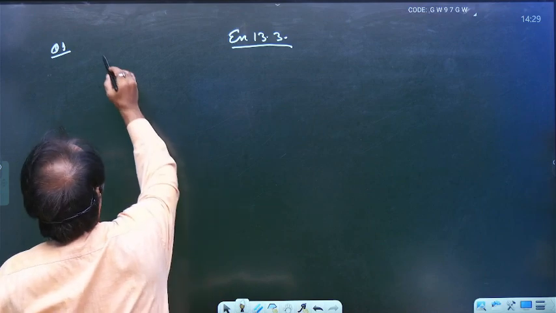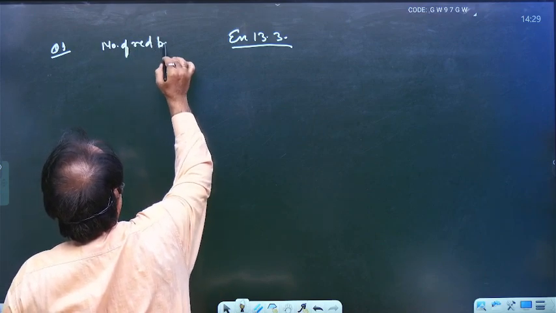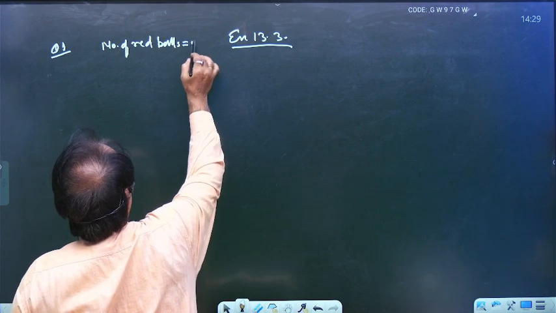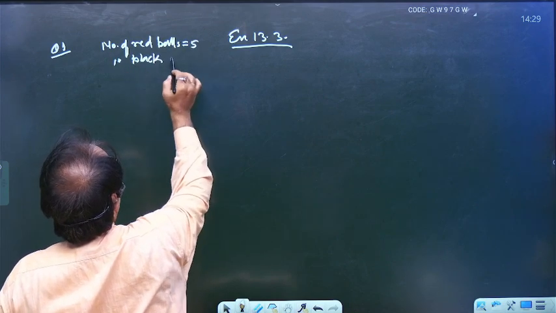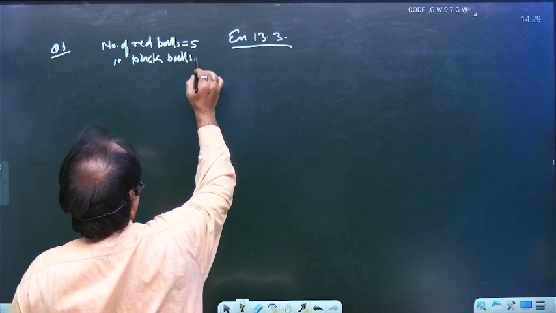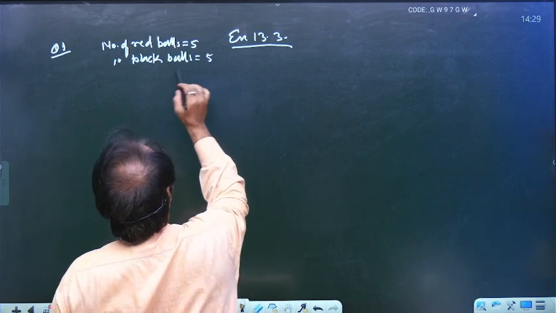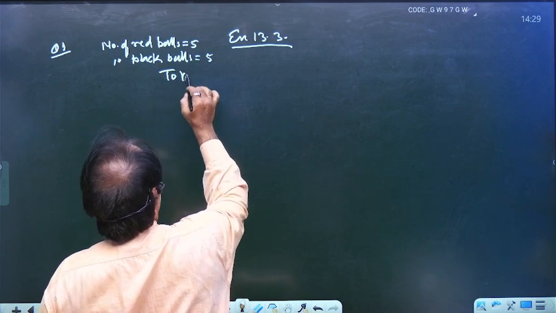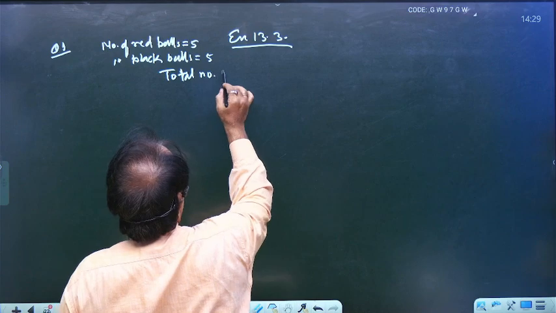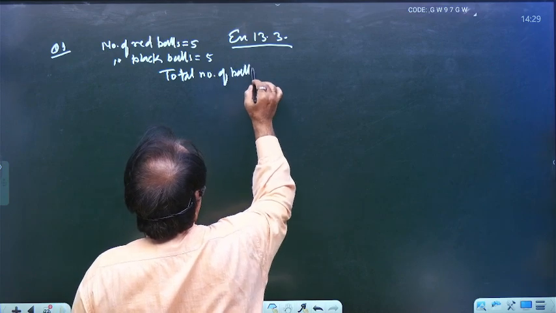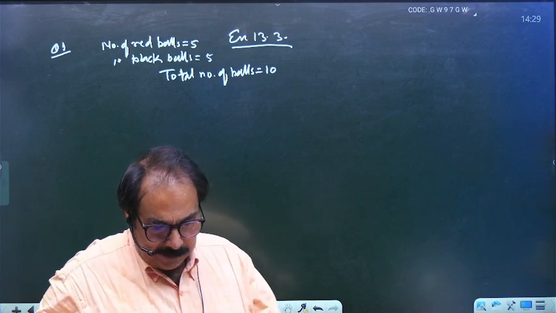So number of red balls is equal to 5 and number of black balls is also equal to 5. So total number of balls is equal to 10.